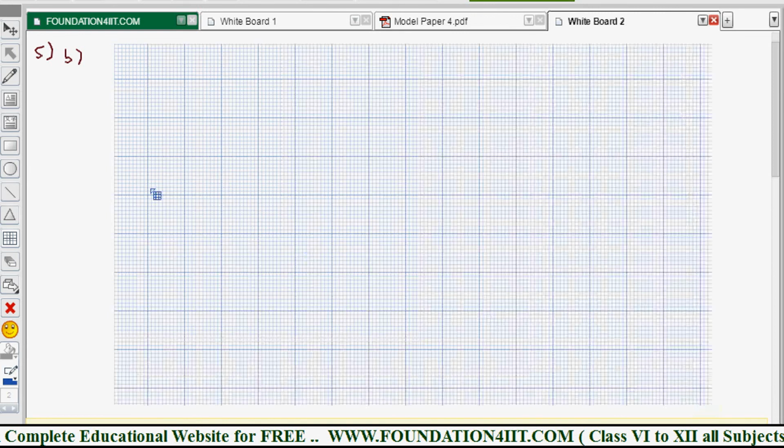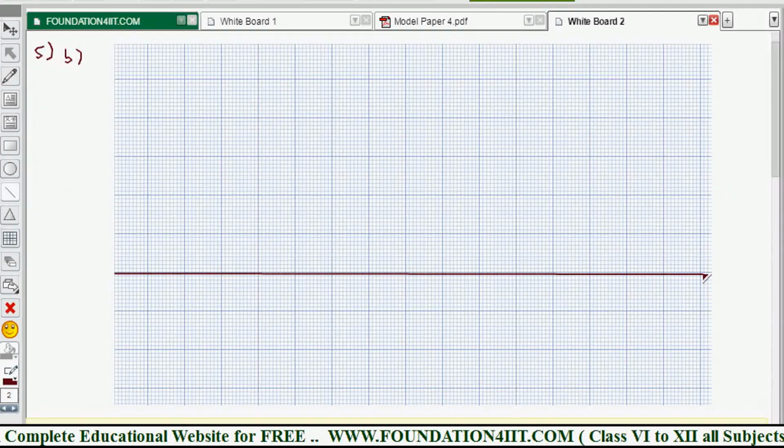Let me take this x-axis and y-axis from the center. So x and y, just to keep the numbers. So this is the origin 0 and outside is 1, 2, 3, 4, 5, 6, and so on.